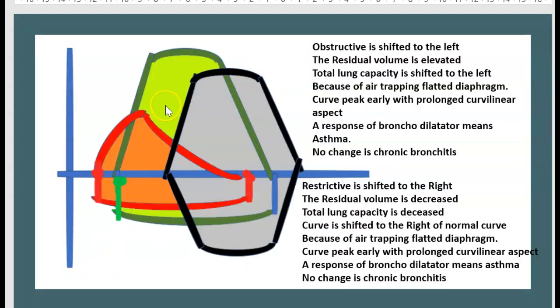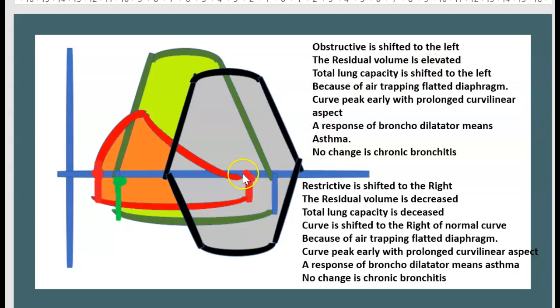The green color is the normal curve. The red color is the obstructive curve, and the gray color is the restrictive curve. Obstructive is shifted to the left. The residual volume is elevated.